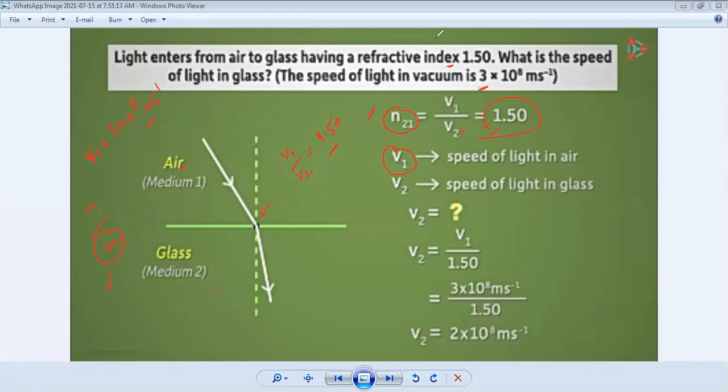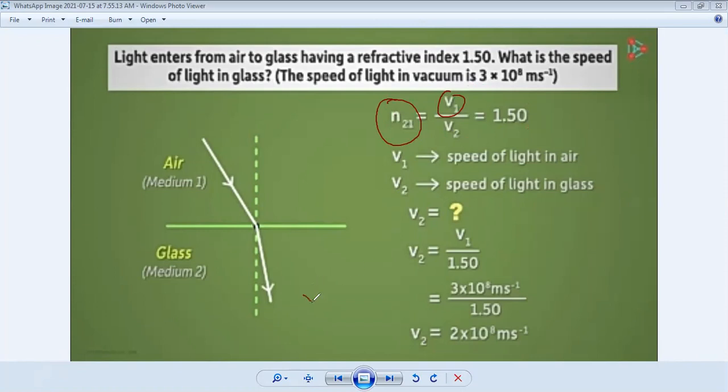So check out the formula, girls. We have the N21 value and the V1 value, and we need V2.